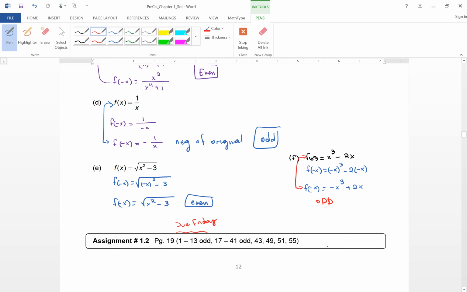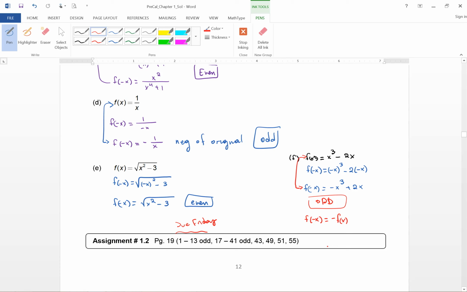So in order for it to be odd, each and every single term must have switched signs. Mathematically, the way we write that is we say f of negative x is equal to negative f of x. So is that the final answer? It's odd. You don't have to put that part.